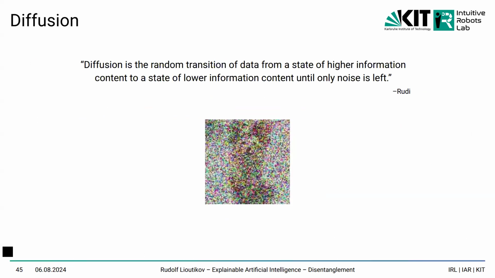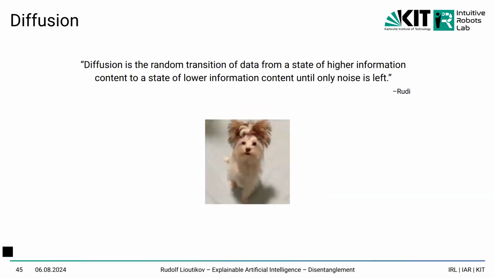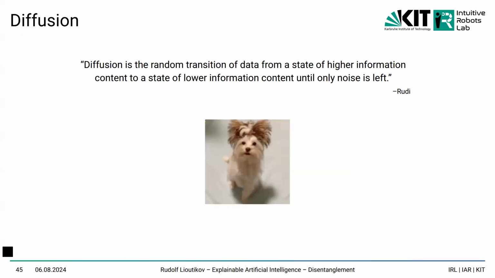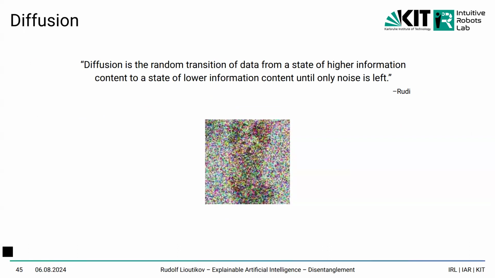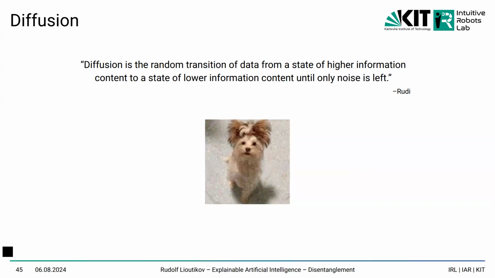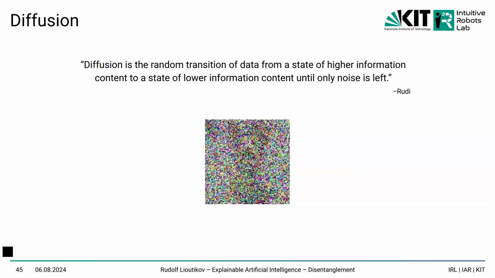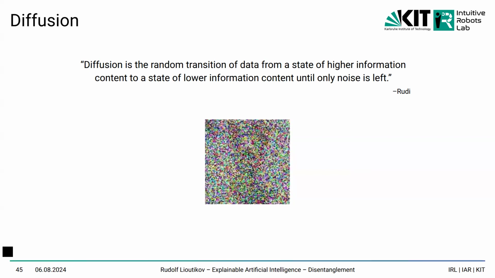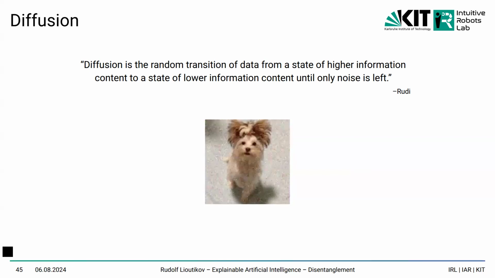In a nutshell, diffusion is the process of destroying something with a lot of information, moving from a state of a lot of information to a state of quasi-noise, or barely any information, through iteratively adding noise or iteratively destroying information.